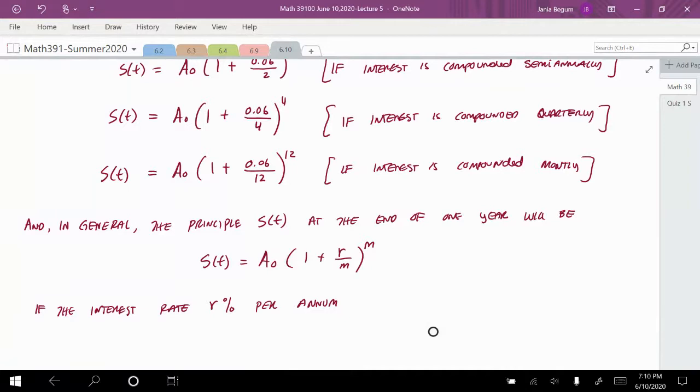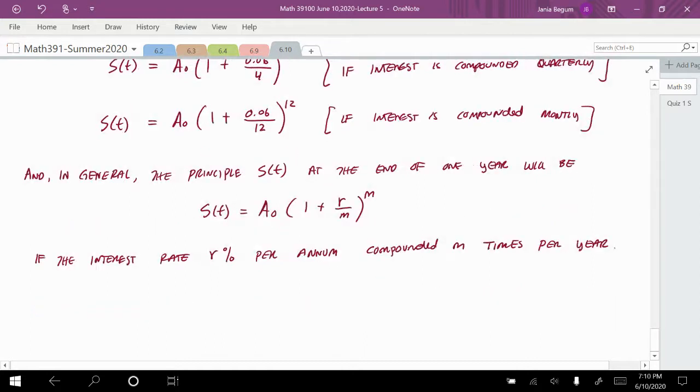So this would be our model if the interest rate r% per annum is compounded m times per year. That means at the end of t years, it will be the following.